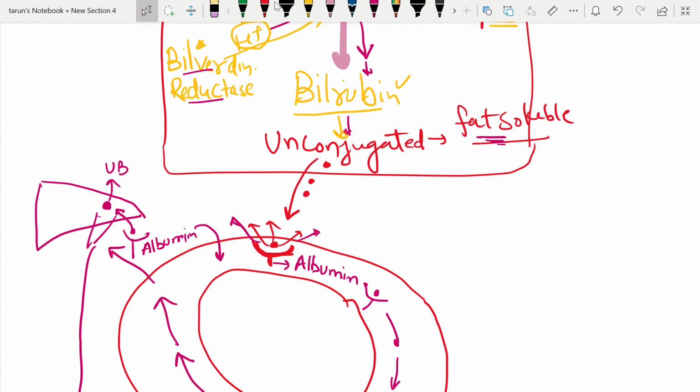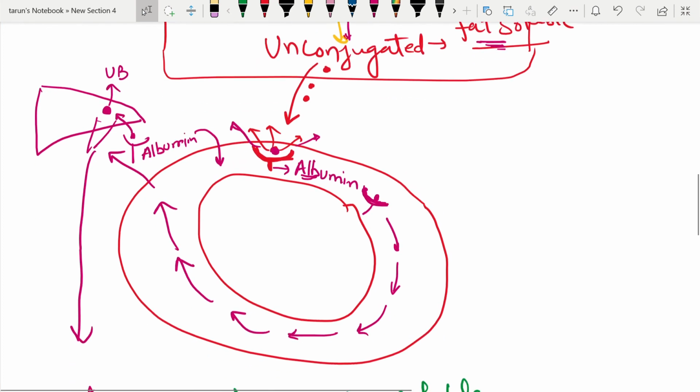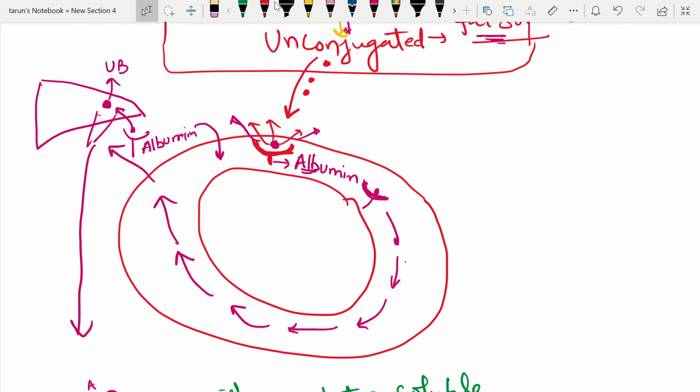So it is essential that it be held by the albumin present in the circulation. This albumin captures the unconjugated bilirubin and acts as a carrier. It takes the unconjugated bilirubin, moves in the circulation and reaches the liver, where albumin drops the unconjugated bilirubin.